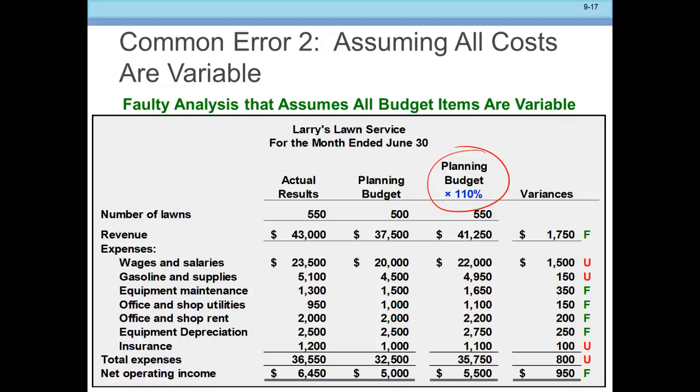Although changing the planning budget by the percentage increase in activity is a valid adjustment to make if an item is strictly variable, gasoline and supplies and equipment maintenance, this doesn't make sense for fixed cost. Fixed costs in the planning budget should not be flexed to accommodate the actual level of activity. This approach also ends up with variances that are meaningless.